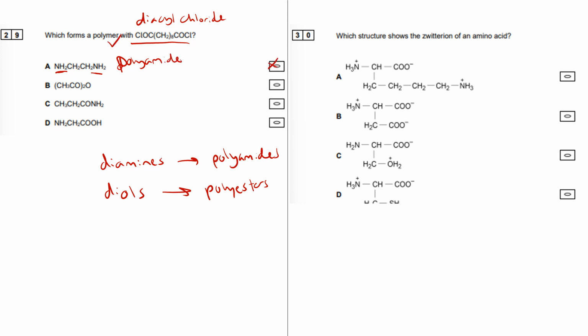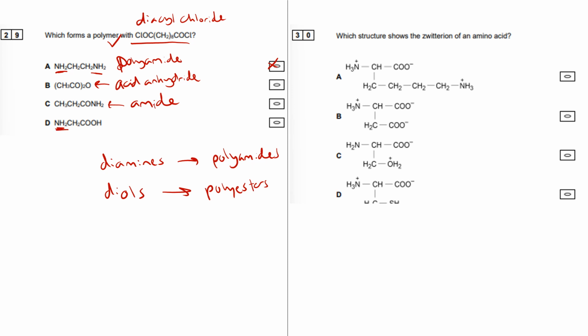A is correct, and we'll just go through B, C and D. B is an acid anhydride. So acid anhydrides and acyl chlorides don't react together. C is an amide, again, that's not going to react with a diacyl chloride.